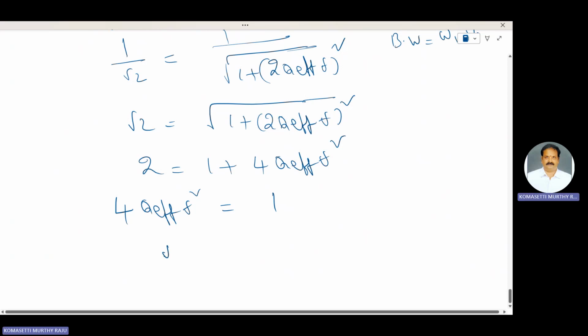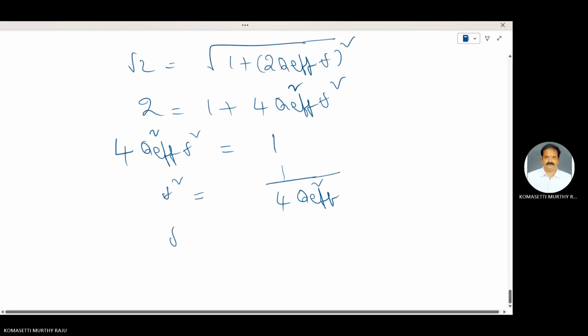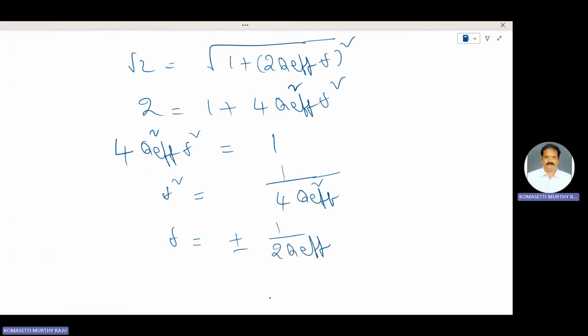Delta square is equal to 1 by 4 Q effective square. Therefore, delta is equal to plus or minus 1 by 2 Q effective.